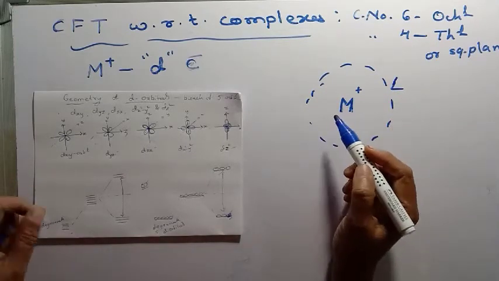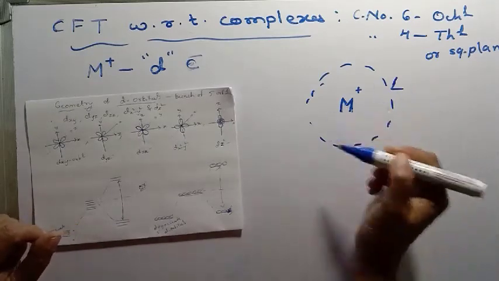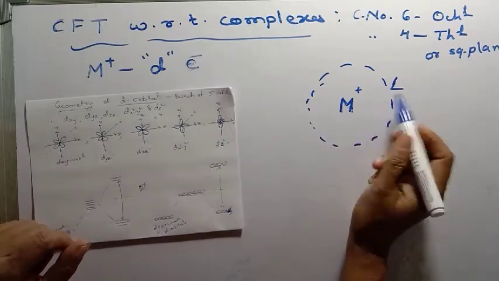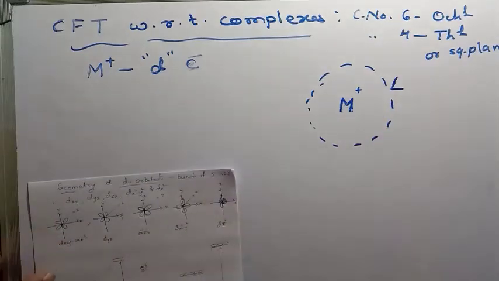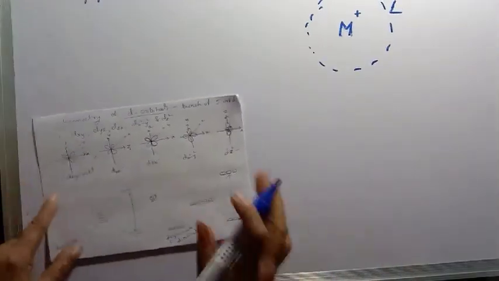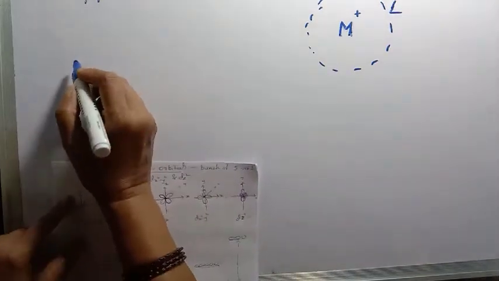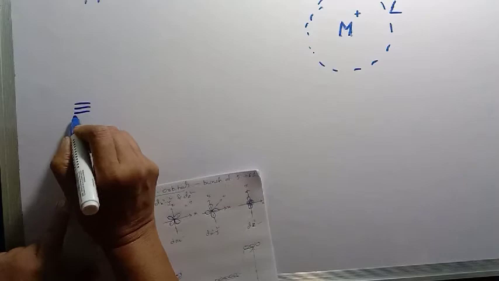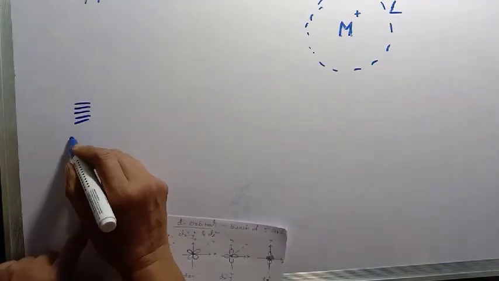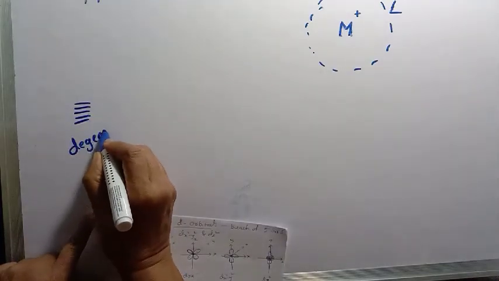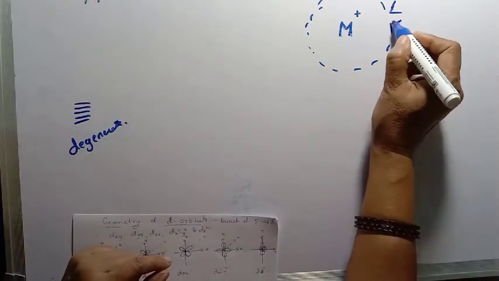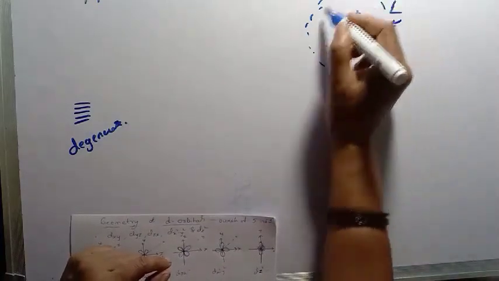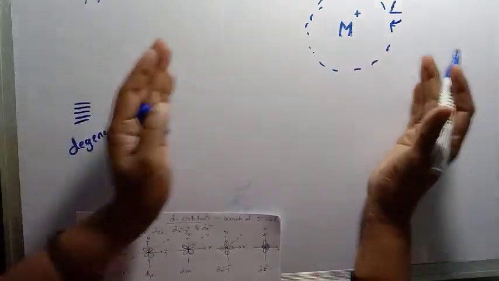When the ligand field is quite away from the metal ion, all the 5 d orbitals will be at the same level. That means they are said to be degenerate orbitals.